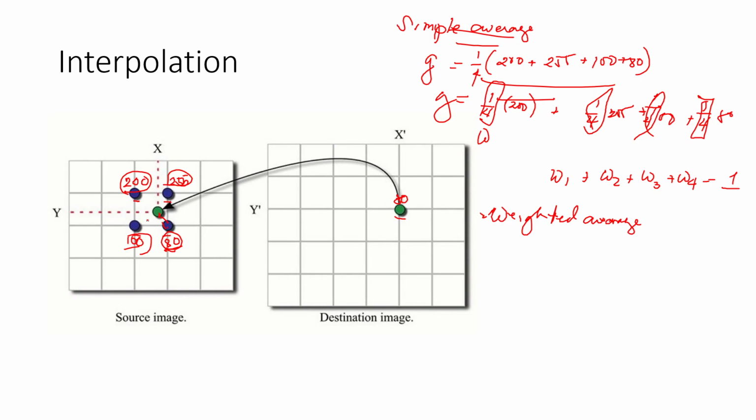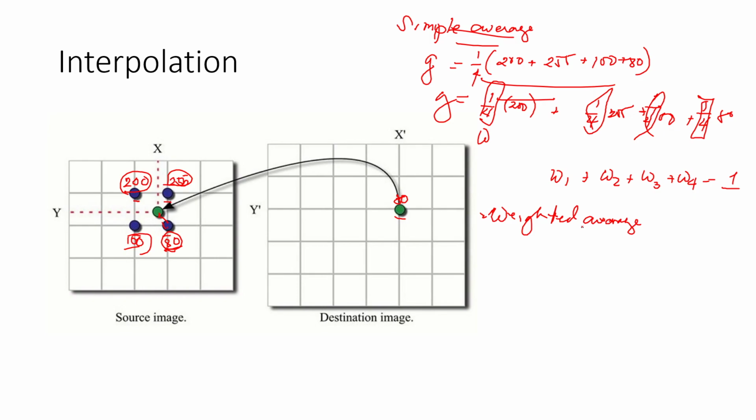Although we will not copy the exact intensity, which is 80, we also give weight to the other neighbors so they take effect in our interpolation. So we're going to analyze the weighted average formula with this particular analogy.